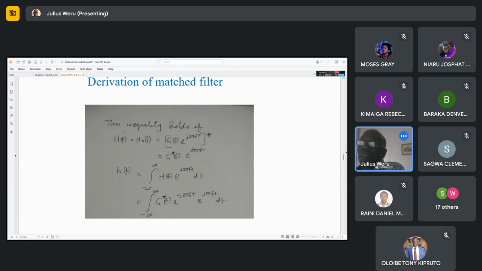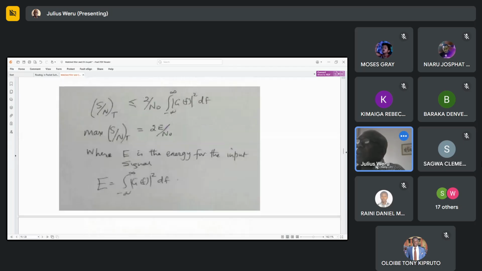Because this was F1 of X, and this was F2 of X, when we started with the Schwarz inequality. So we are saying that it only holds when this is the case, and that one we have already sorted out.